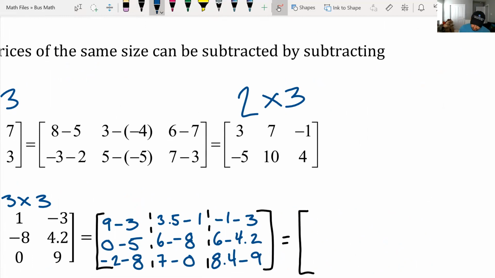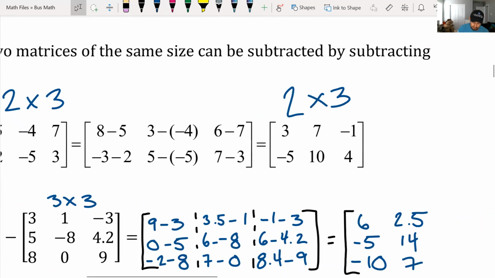And we should get 6, -5, -10, 2.5, 14, 7. Oop, did I miss the minus? Yep, -1 minus -3.